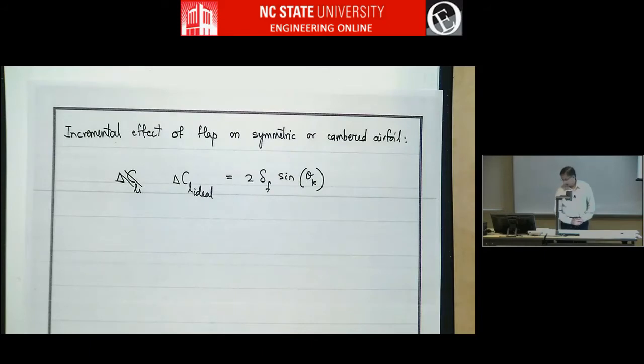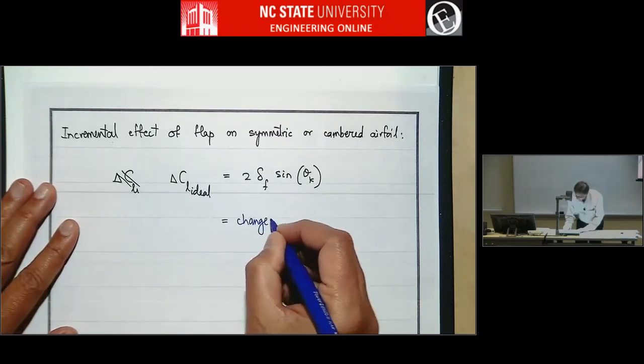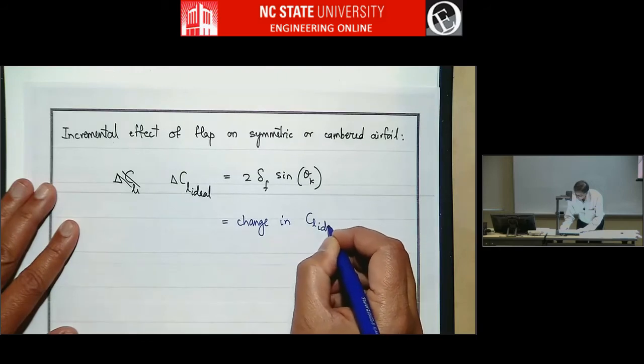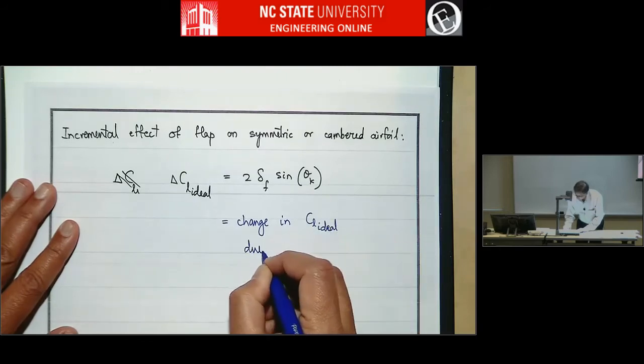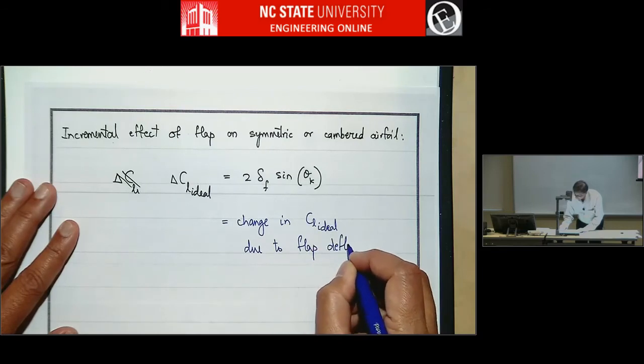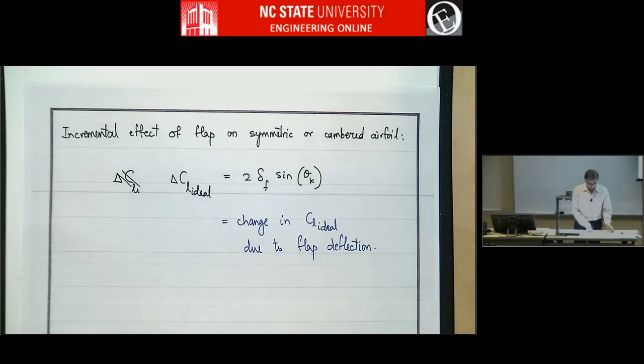So delta CL is 2 delta f times sine theta k. So this is how much the ideal CL changes when you deflect flap. And that actually is seen in real life too.